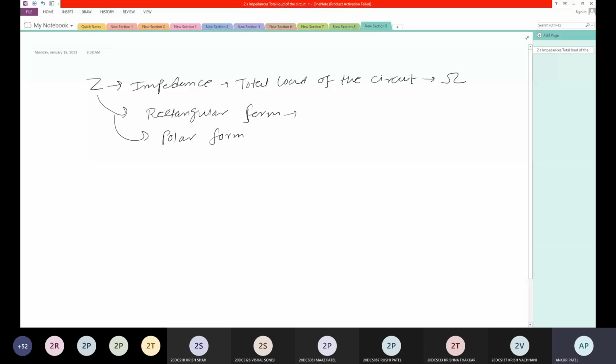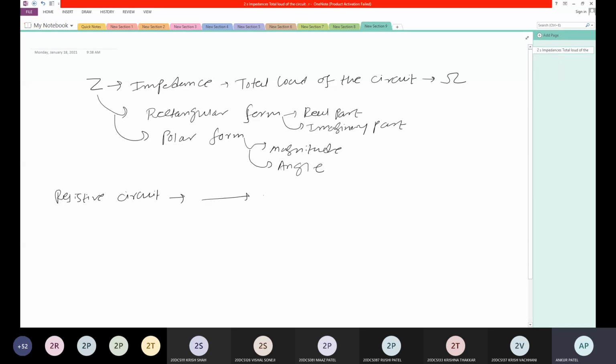Rectangular form has a real part as well as an imaginary part, and polar form has a magnitude as well as an angle. For a resistive circuit, you need to remember that V and I always remain in phase, so there is no phase difference between voltage and current.